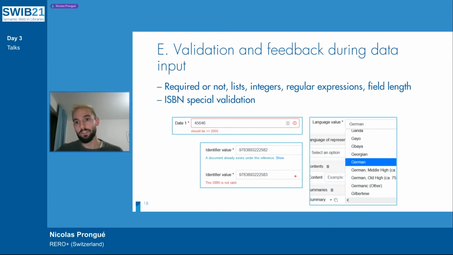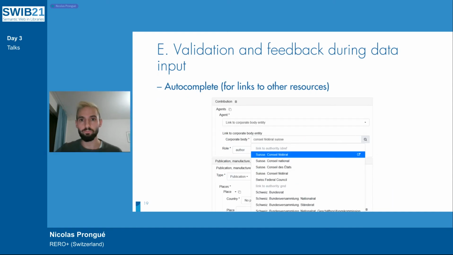Before, the user was always able to save the form, and we had to launch verification scripts every week to identify the date errors and ISBN errors, and it was quite painful. Now the user is not allowed to save the record if there are some blocking errors.